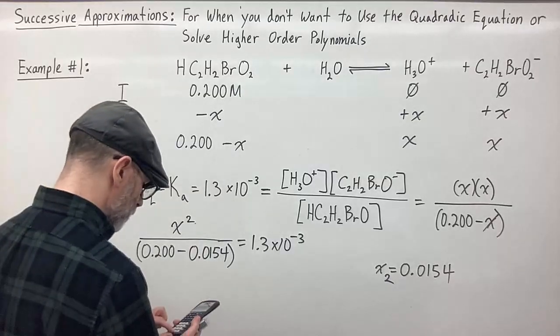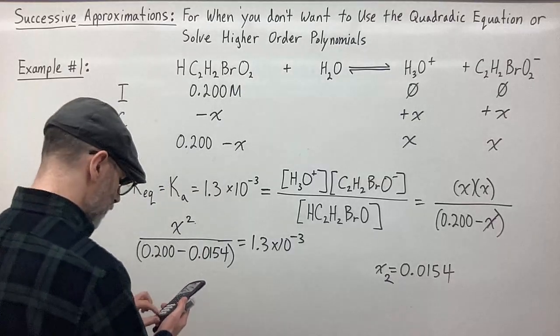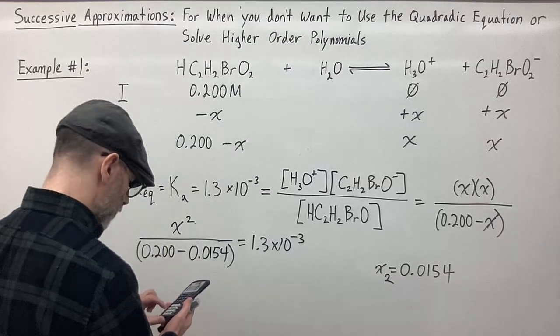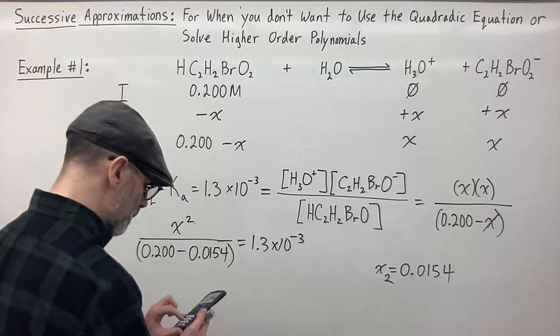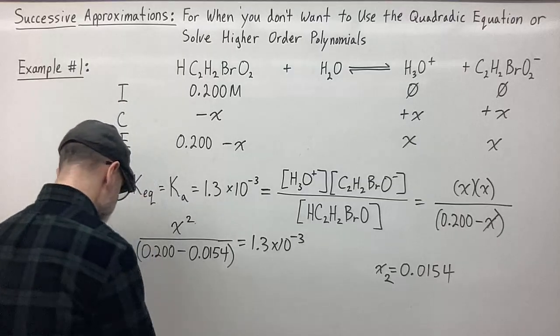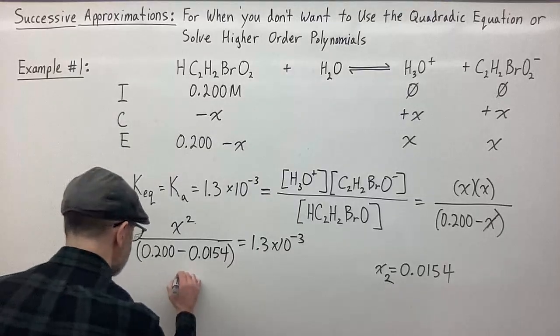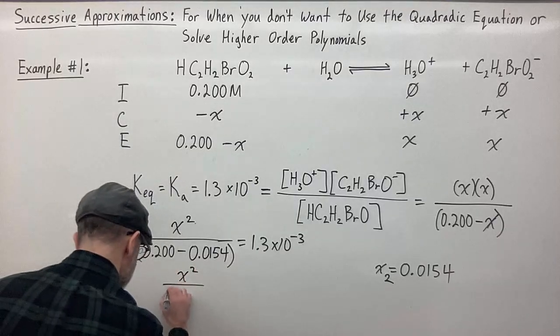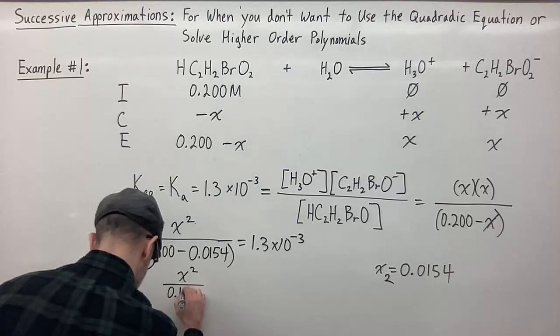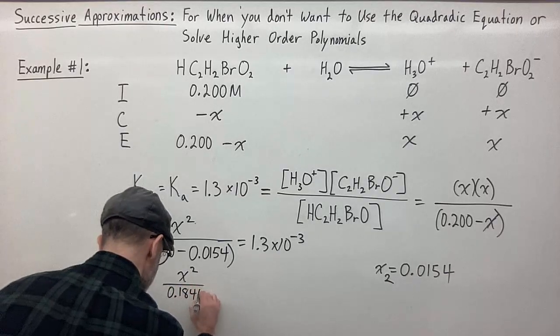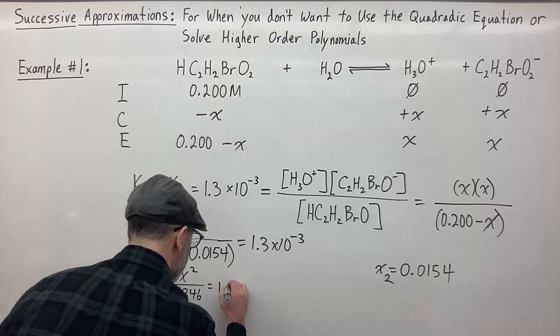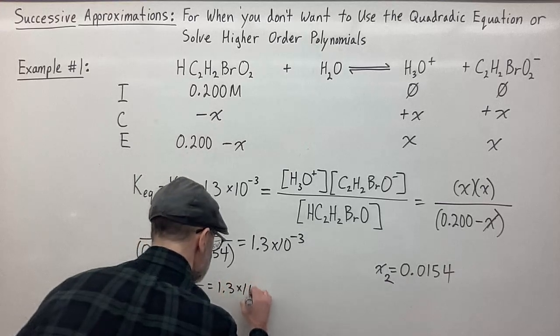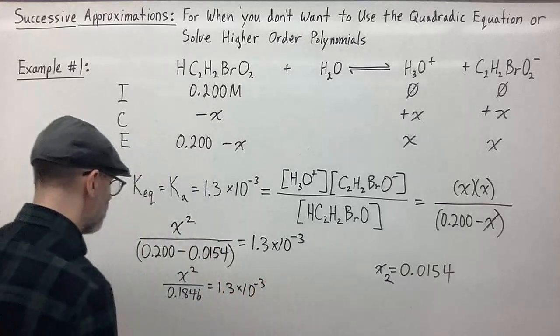So I get 0.2 minus 0.0154 equals, so then I get x squared over 0.1846 equal to 1.3 times 10 to the negative 3.